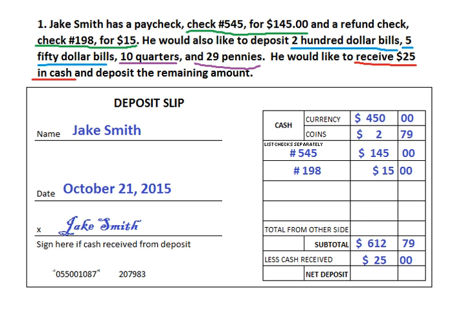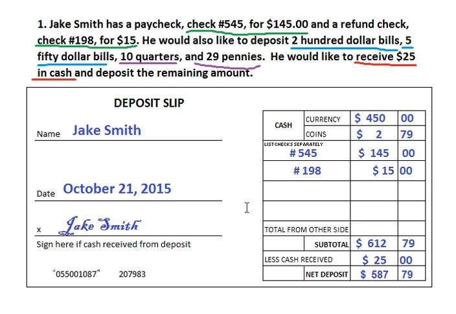All right. With that being said, we can now figure out the net deposit. And there's a little bit of math going on here that we still need to do. In order to figure out the net deposit, we subtract. We're going to take the $612.79 minus the 25, and we get $587.79.